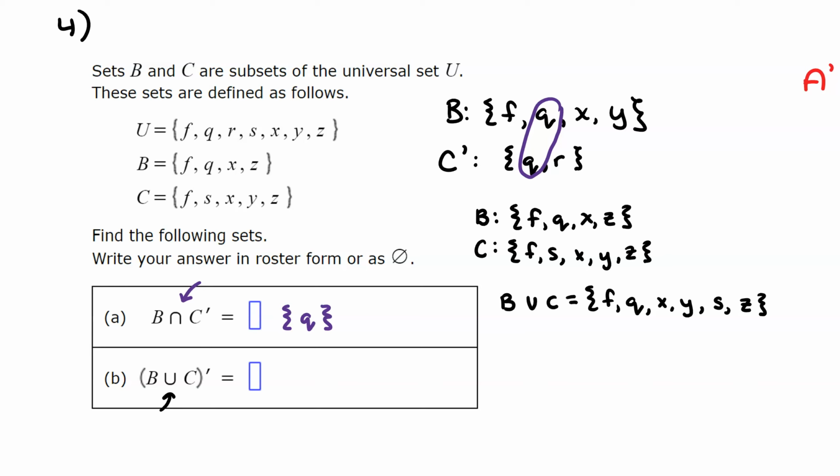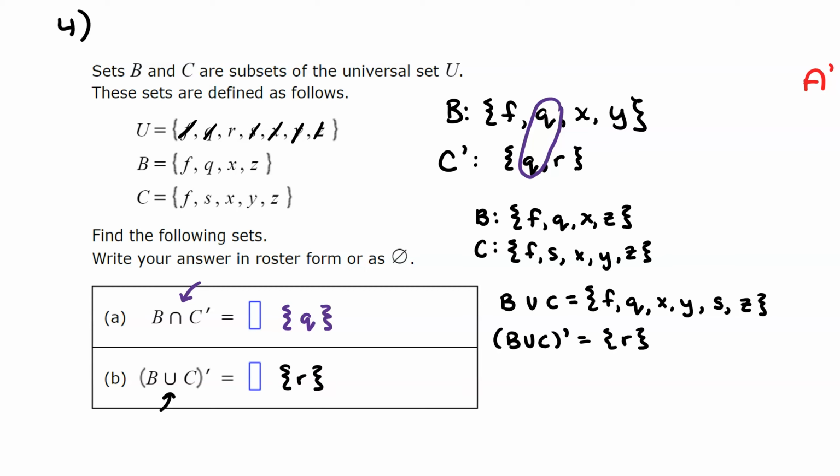And I'm going to cross out everything in B union C. So B union C has an F, a Q, an X, a Y, an S, and a Z. So the complement of B union C is going to be anything I didn't cross out, so just R.